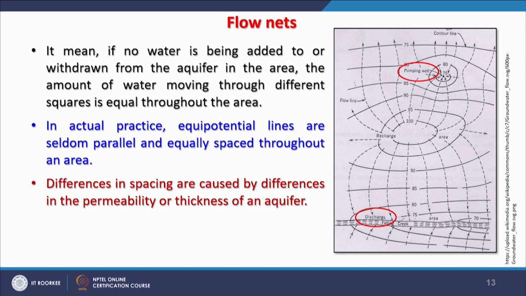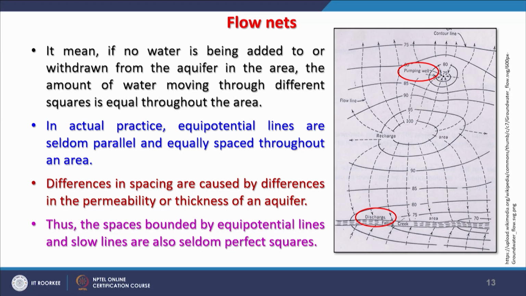So basically the shapes of contour lines and flow lines directly indicate the permeability or thickness of an aquifer, and therefore the spaces bounded by equipotential lines or contour lines and flow lines are also seldom perfect squares.